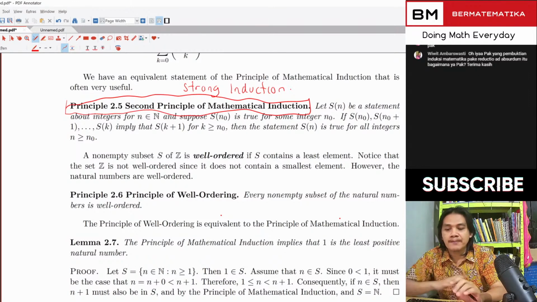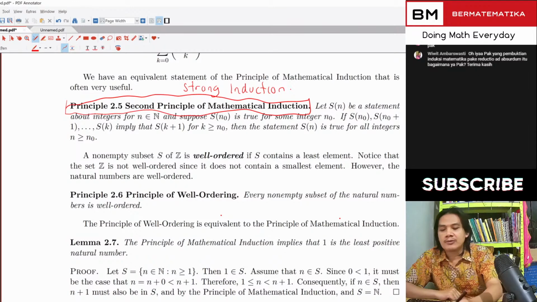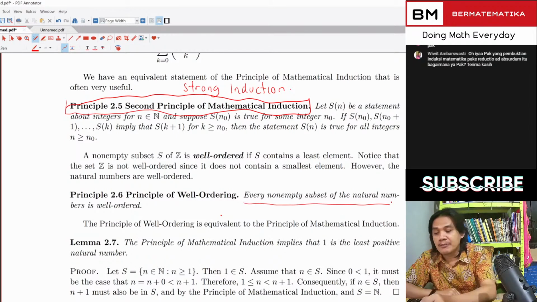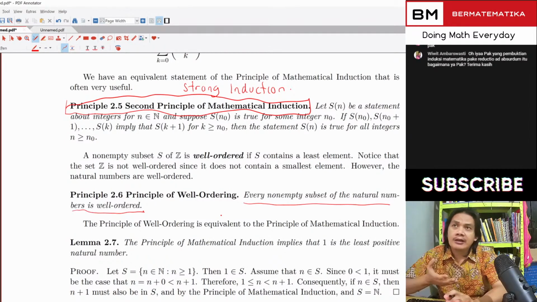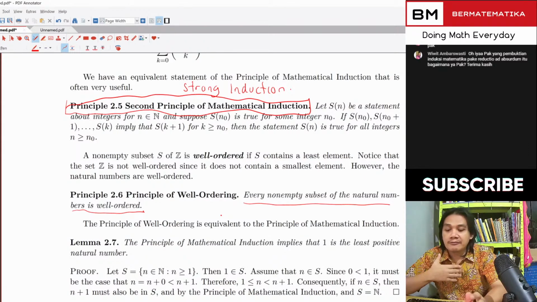But in this book, it is vice versa. So we use induction to show the principle of well-ordering, which says that every non-empty subset of the natural numbers has a smallest element, right?